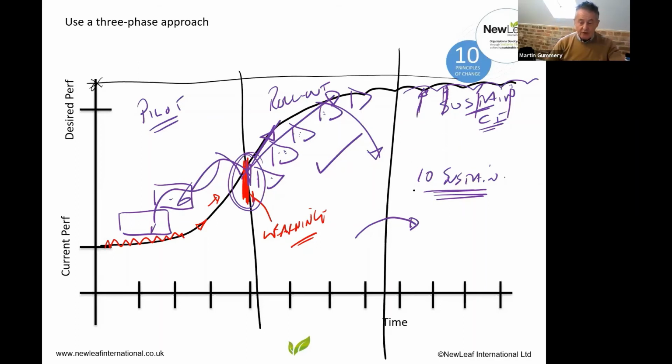And those systems aren't a revolutionary thing. They're things like refresher training, onboarding training, a process for senior managers to be visible, appraisal systems, including the continuous improvement type work. There's 10 of those, and they're absolutely critical in this 3-phase step-by-step approach.